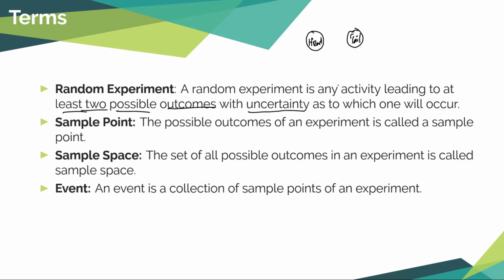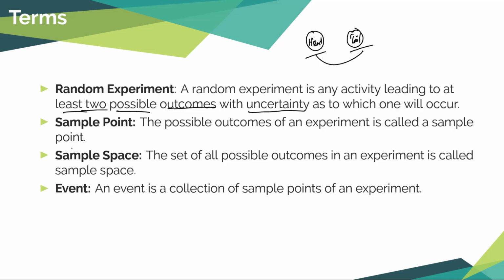When we flip a coin and it gets down, it will either show head or tail. So in this experiment, we have at least two outcomes, head and tail. And before tossing the coin, we were uncertain whether it will show head or tail. So that kind of experiment is called a random experiment.